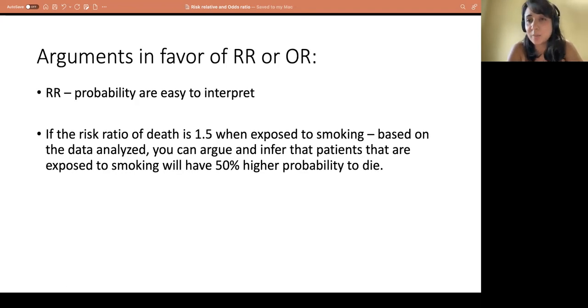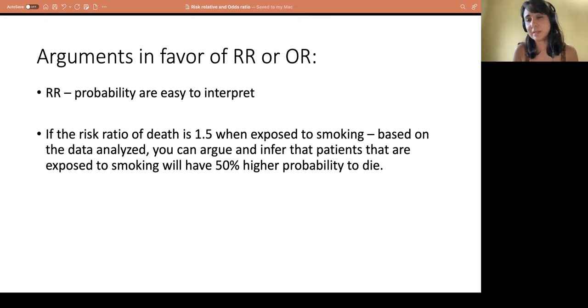But there are some arguments in favor of using risk ratio instead of odds ratio, for example, in prospective studies. The first one is the interpretability. Sometimes in prospective, longitudinal studies, you will investigate a common disease, not a rare disease, and odds ratio could give you a sense that the risk or the chance to develop the condition is really high.